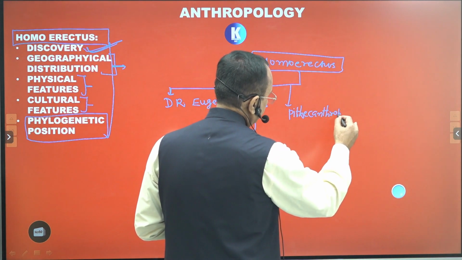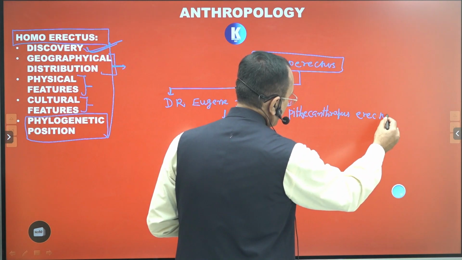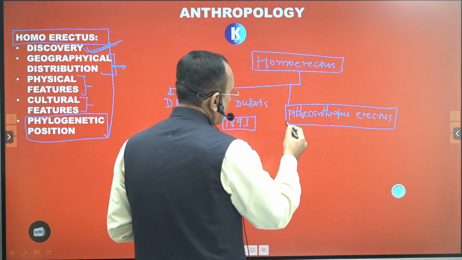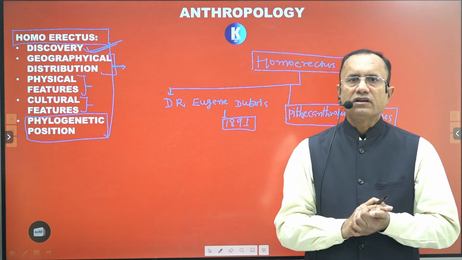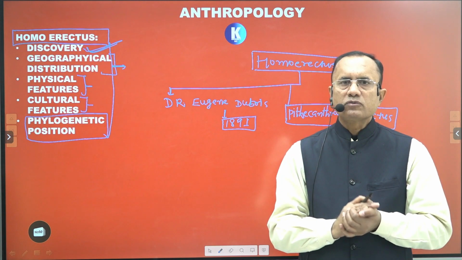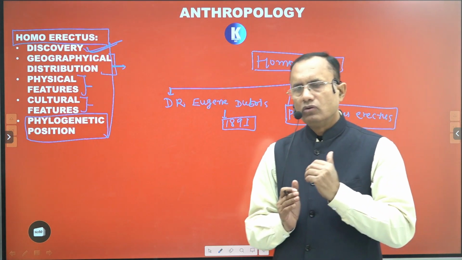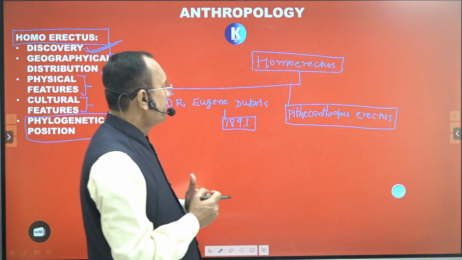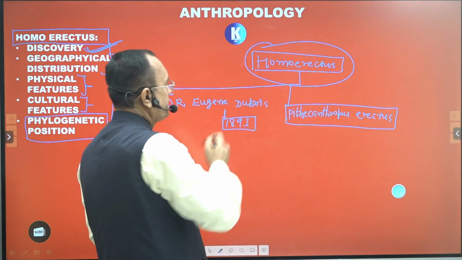erectus, right? And because that fossil gave information that it was fully bipedal, that it moved through erect posture, later that fossil was known as Homo erectus, right?